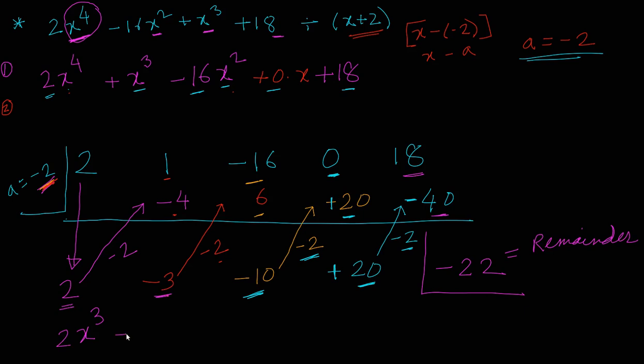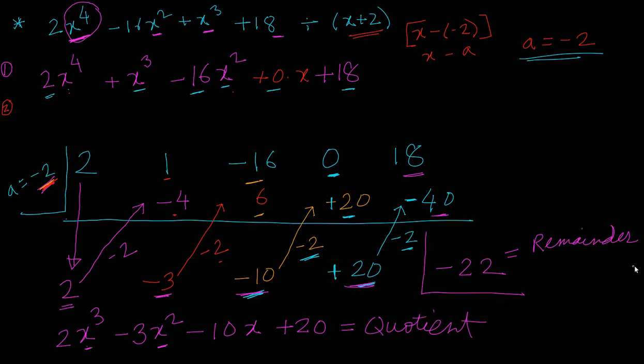Negative 3, followed by x square. Then the next coefficient is negative 10, followed by x, and then the constant is positive 20. So this is my quotient.